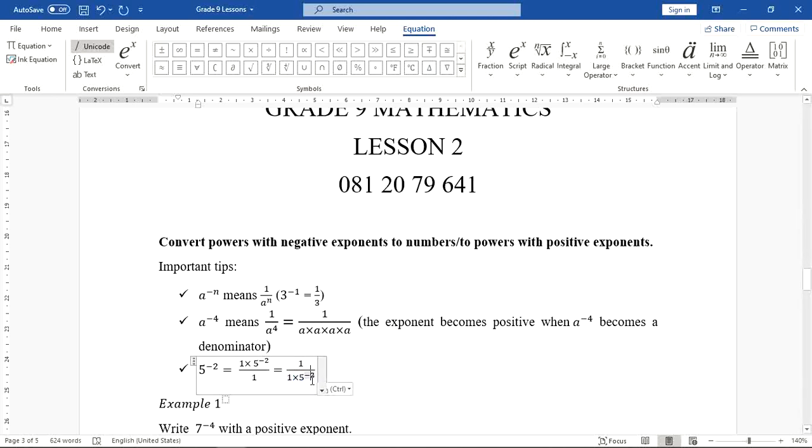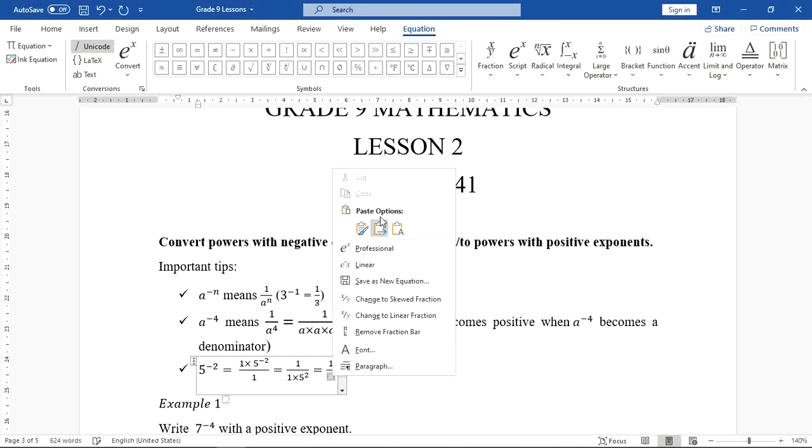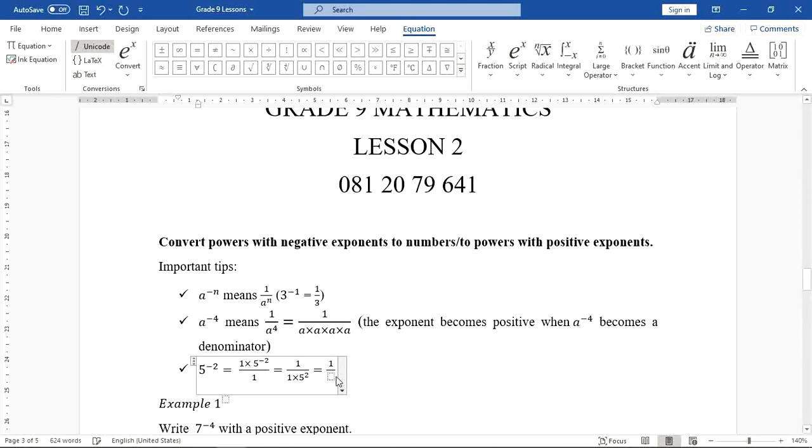It's going to be positive because the rule says the exponent becomes positive when it goes down, when it becomes a denominator. So we can simplify further: 1 times 5 exponent 2 is just 1 over 5 exponent 2, because when you multiply 1 by any number, it gives you the same number. Remember, it should be positive because it's a denominator now.